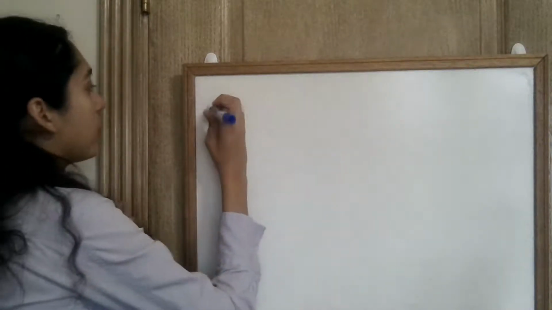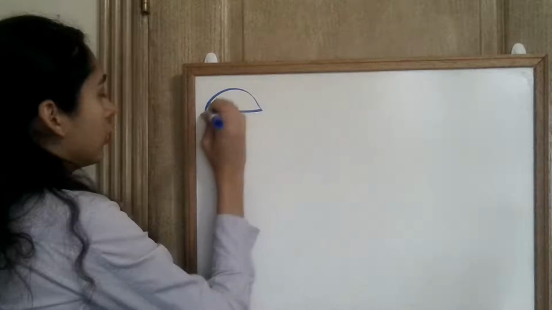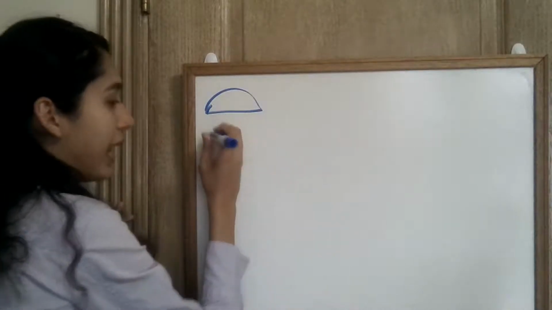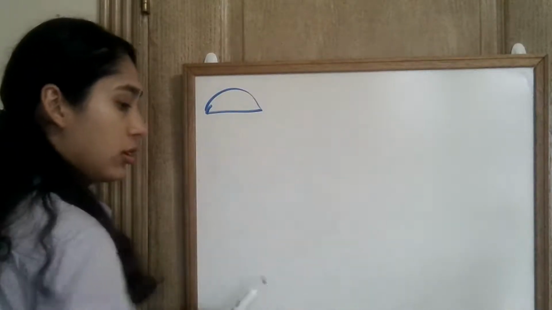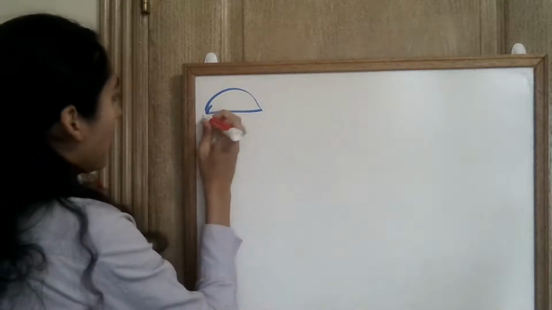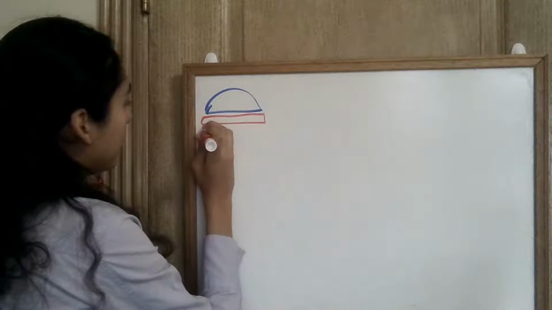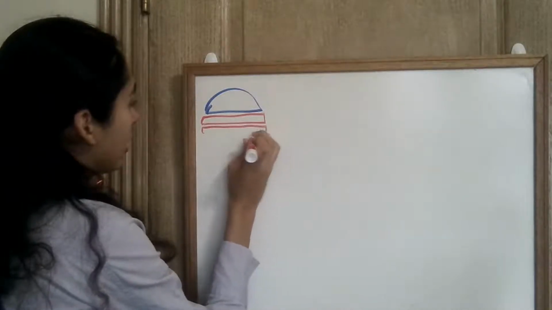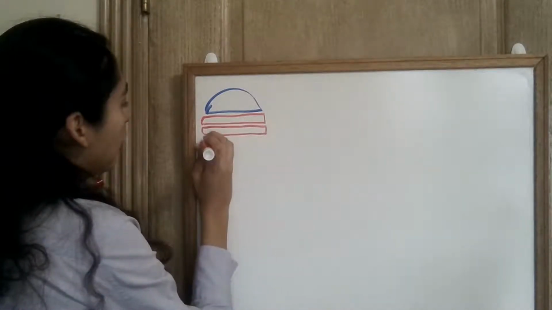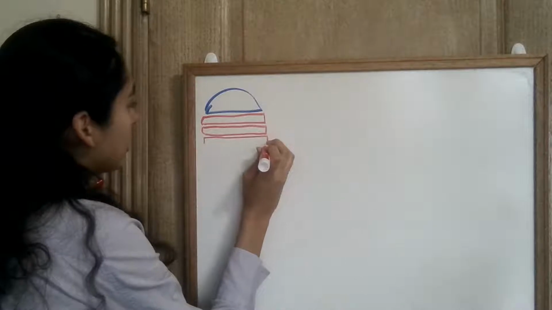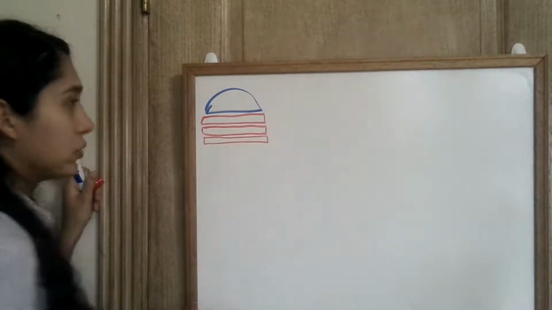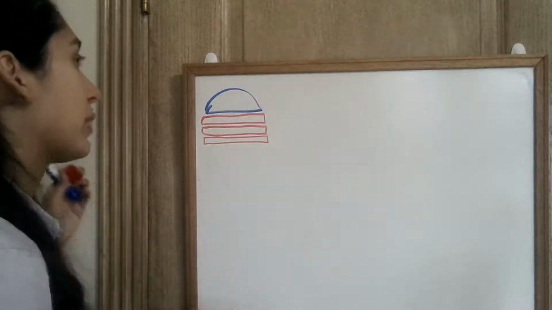So let's say we have a burger. And this is a triple patty burger. Let's say you're really hungry and you want 3 pieces of meat, or if you're vegan, black bean burger.